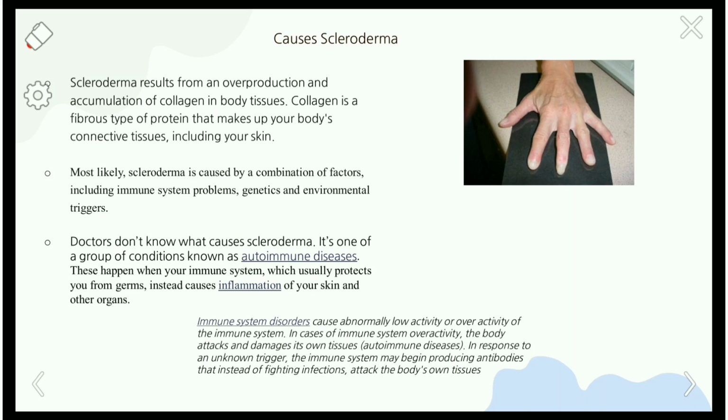Also, doctors don't know what causes scleroderma. It's one of a group of conditions known as autoimmune diseases, which happen when our immune system, which usually protects us from germs, instead causes inflammation of our skin and other organs.